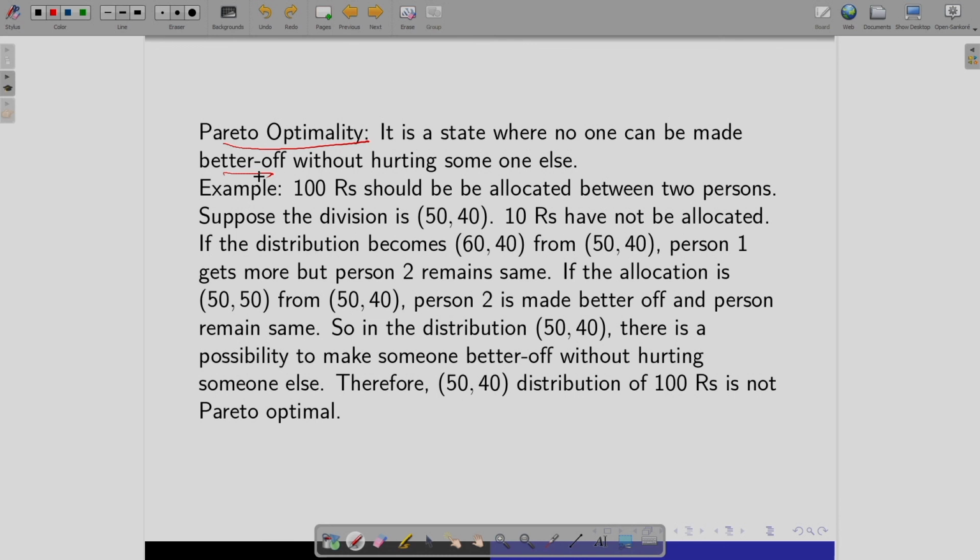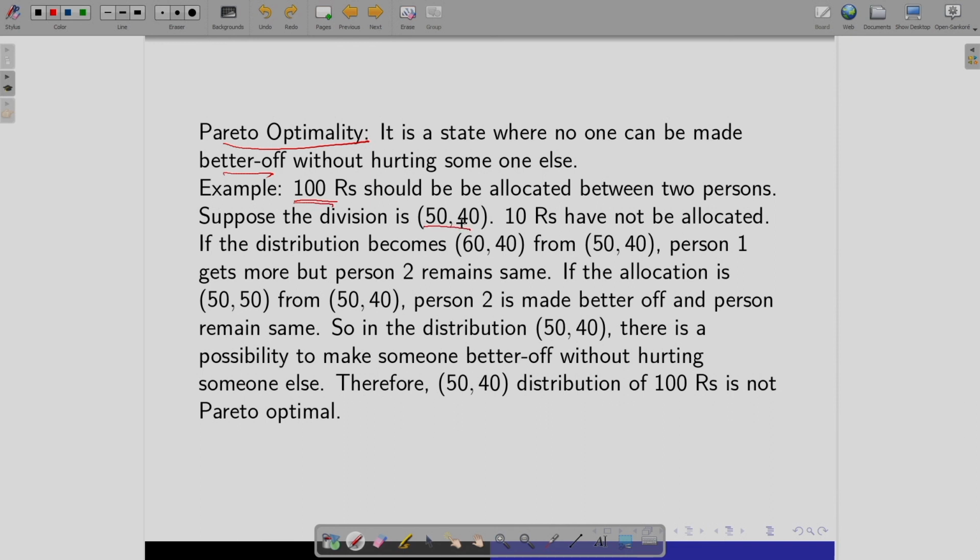So, if there are two persons and if I have to make someone better off, then I have to hurt the other person, if we are not in a Pareto optimal situation. But if we are in a Pareto optimal situation, then I cannot make anyone better off without hurting someone. So suppose we take 100 rupees. Now, you want to divide it between person 1 and person 2.